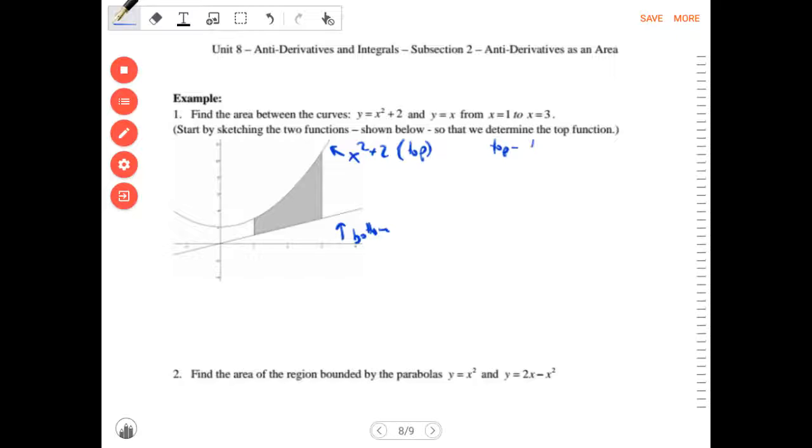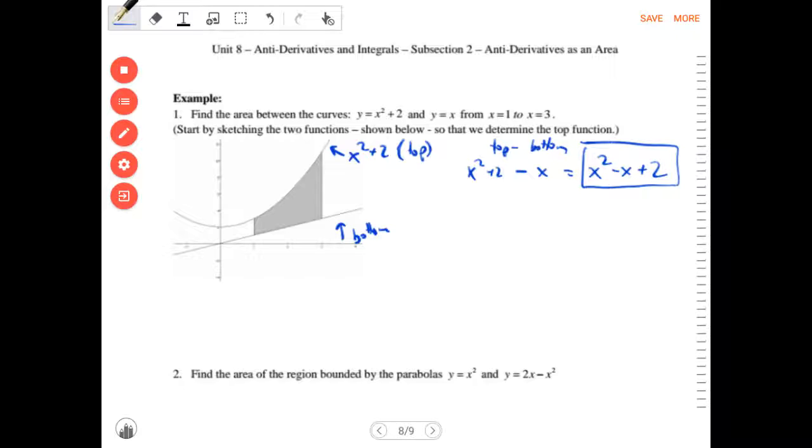So top minus bottom. The top function is x squared plus 2 minus x. Easy enough. Let's do a little rearranging, so that's x squared minus x plus 2. This is our new function.